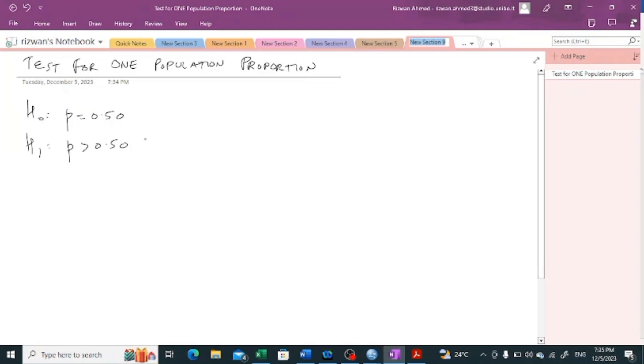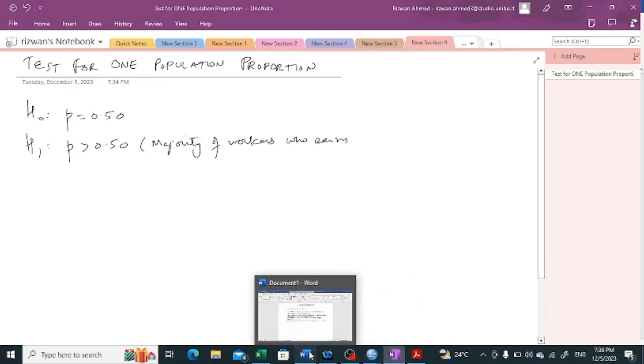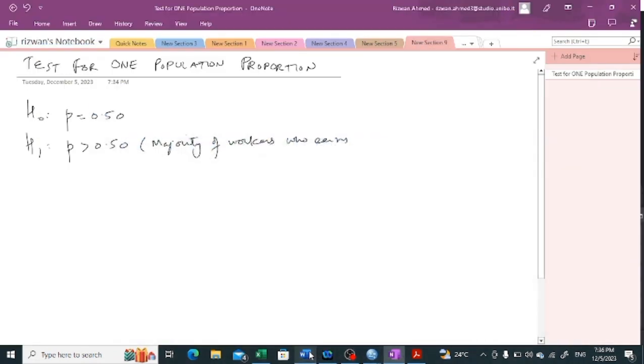And we need to state the criterion as well. What does this 0.5 refer to? Majority of workers who earn less than $70.